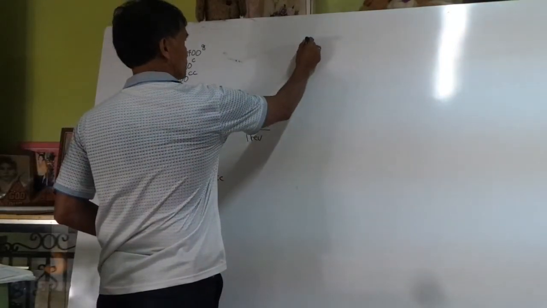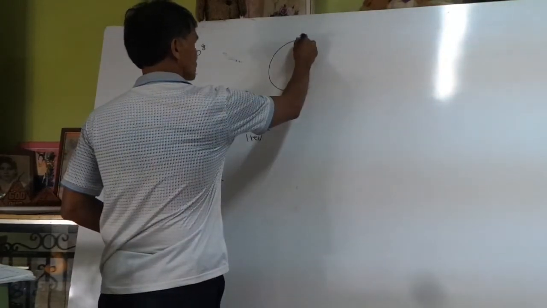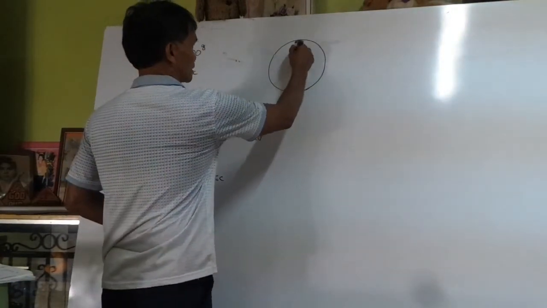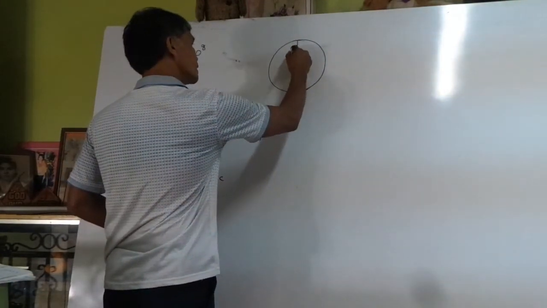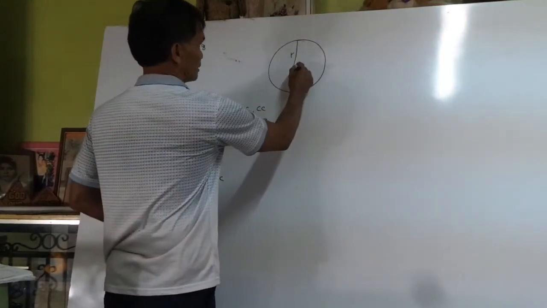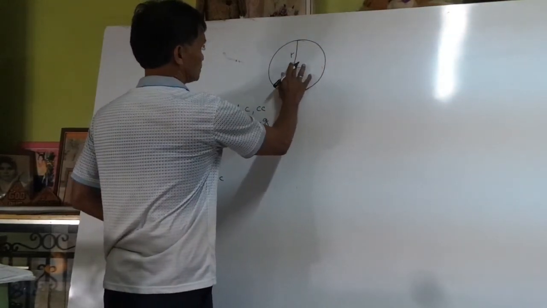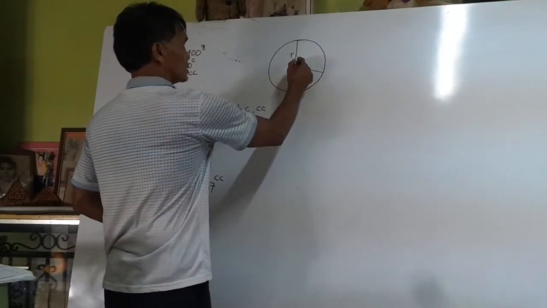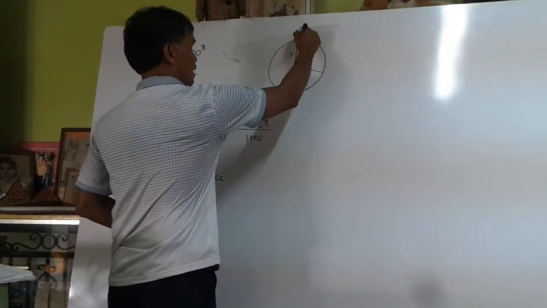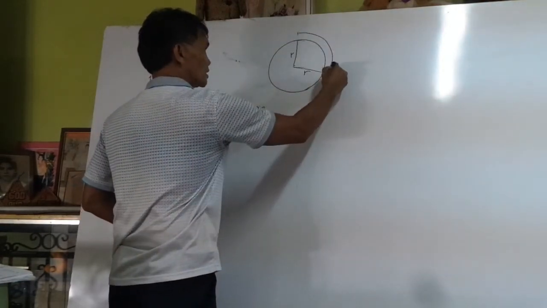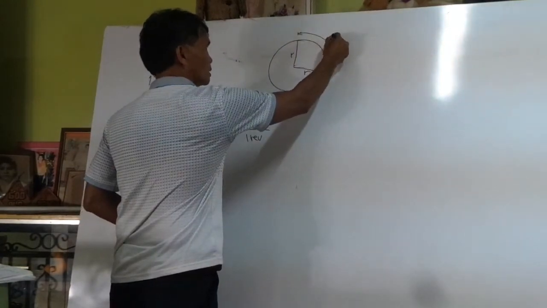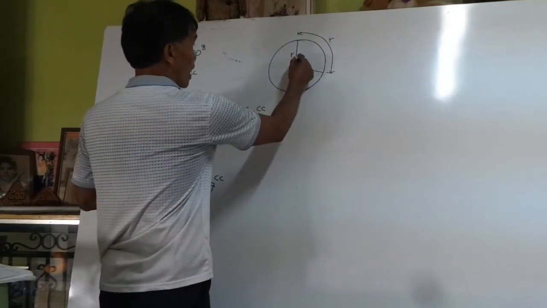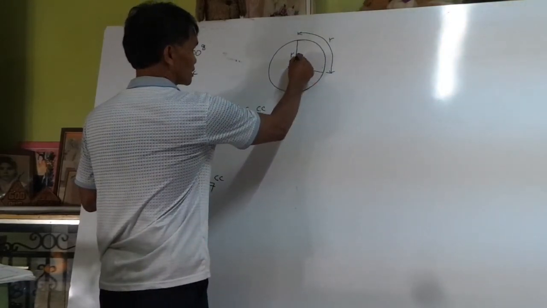If this is our circle, we have a certain radius here, then we have another radius here. The angle bounded by the two radii and the arc, where the arc is also equal to the radius, is what we term as a radian. That's equivalent to 1 radian.